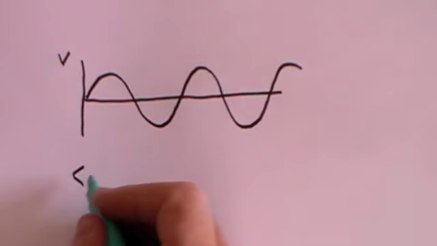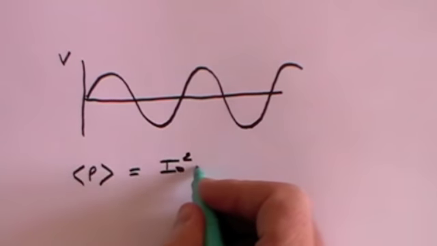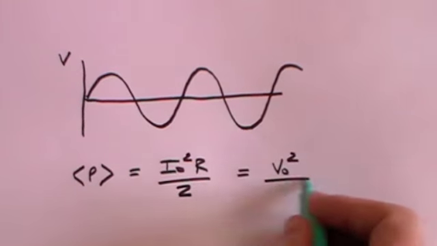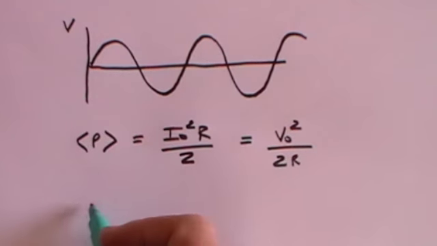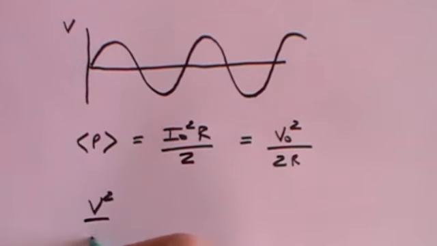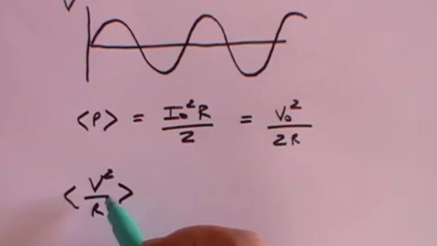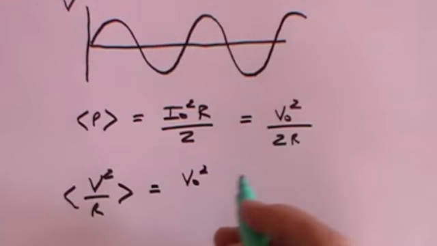And what we've just shown is that the average power that you get from this will be equal to I naught squared R over 2, which is the same as V naught squared over 2R. So if we say that power is V squared over R, and we're looking at the average value of V squared over R, where, don't forget, V is constantly changing, but the average value of V squared over R is what we're looking for, that will equal V naught squared over 2R.